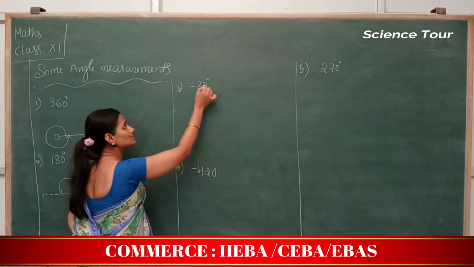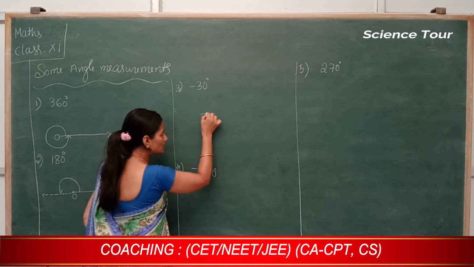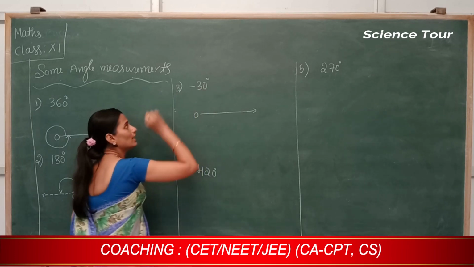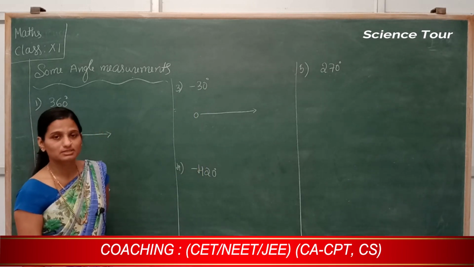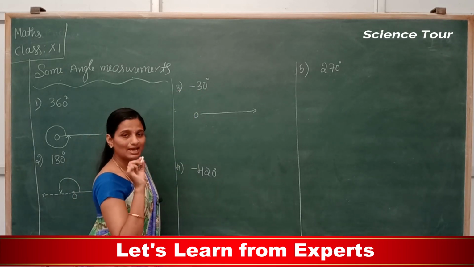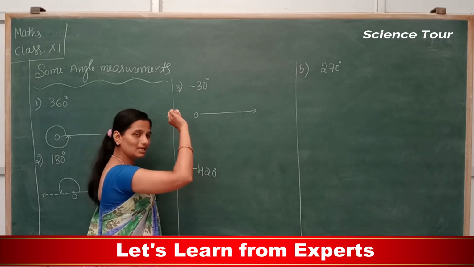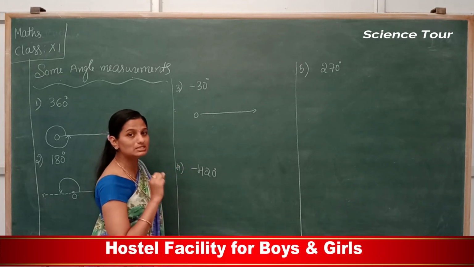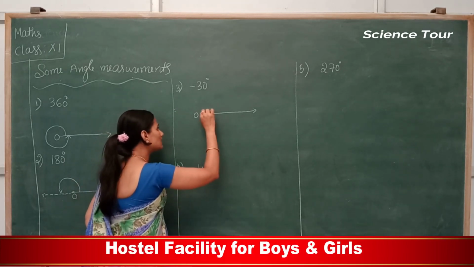So angle is negative, correct no? So this is your initial ray, that is O, and your angle is minus 30. So if angle is minus 30, then your rotation is what? Clockwise direction. So I'll start from here.